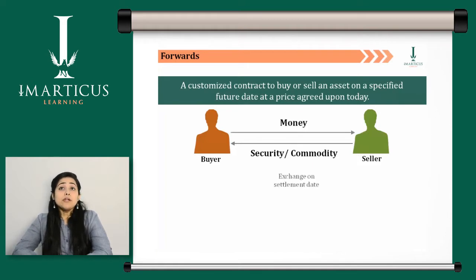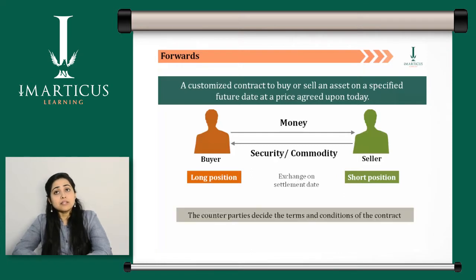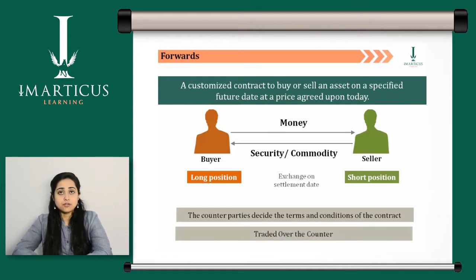However, the point to be noted is they do not exchange any money or product at the time of agreement. The buyer takes a long position while the seller takes a short position. The counterparties decide the terms and conditions of the contract. Forwards are an OTC derivative product.